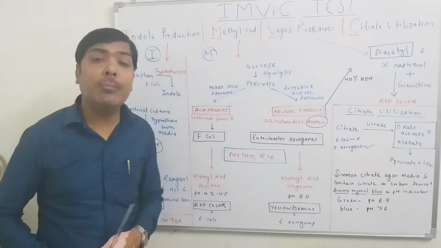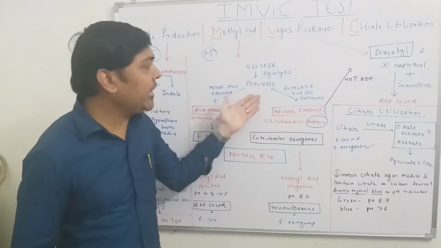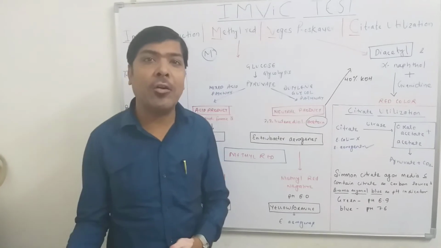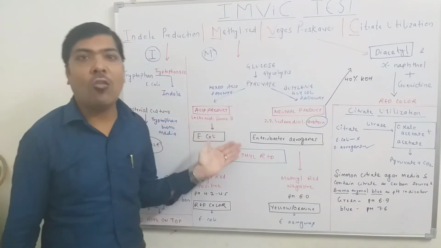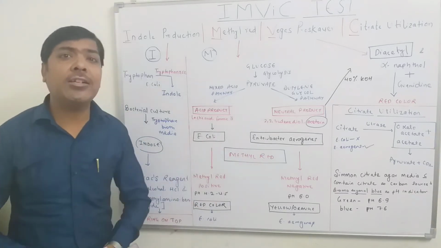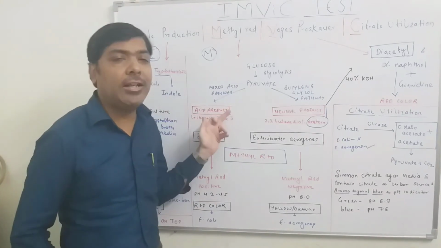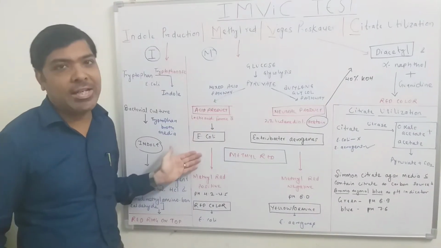Because of the mixed acid pathway, the pyruvate is further converted into various end products which are acidic in nature, for example lactic acid and formic acid, which are generated in E. coli.